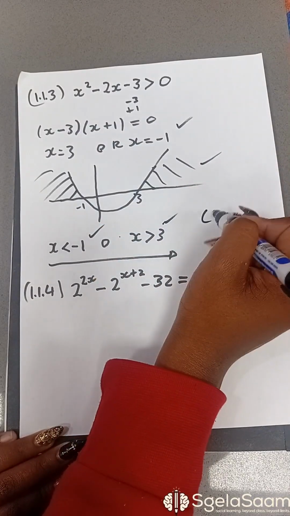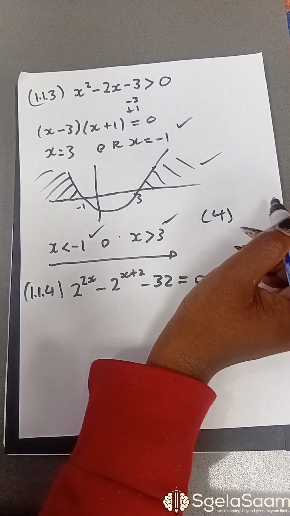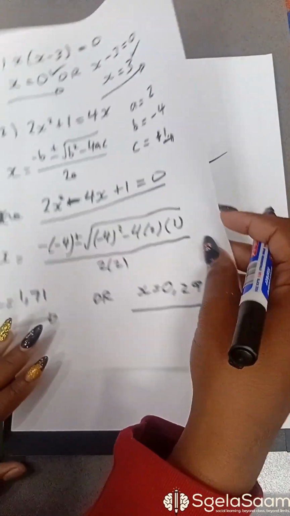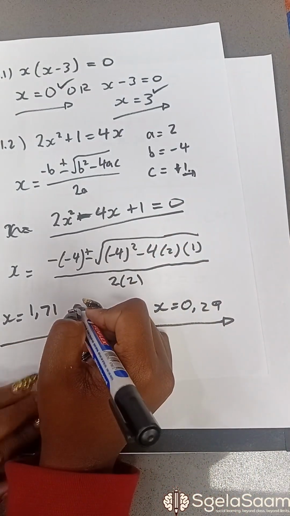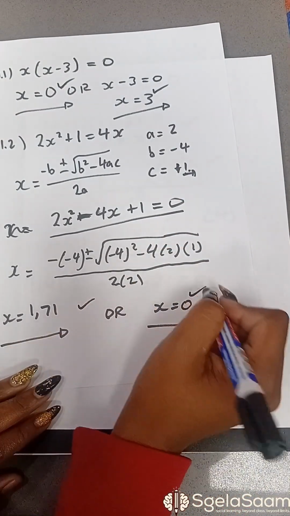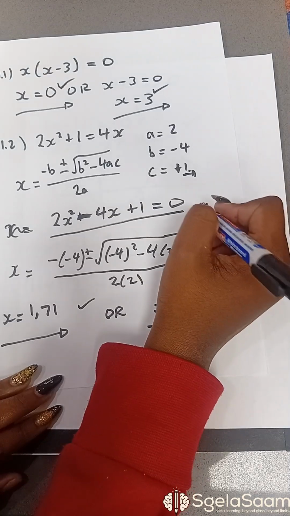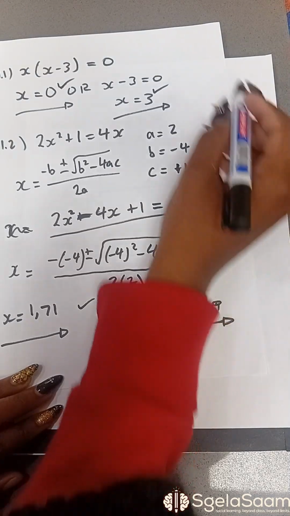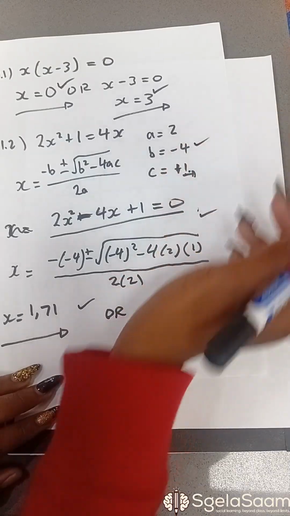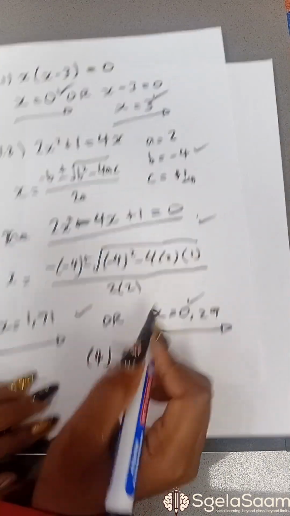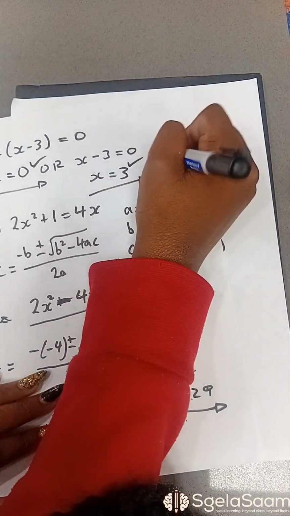And in our first question, we had a mark for the answer, the critical values, and our factors. So you had 4 marks over there. This one was worth 2 marks.